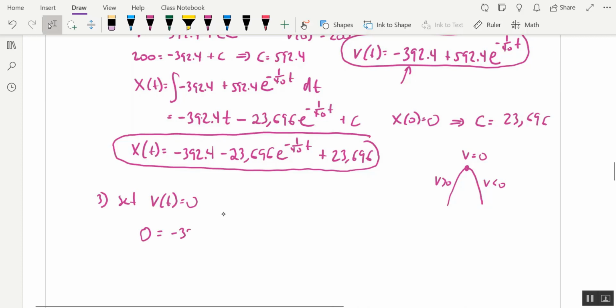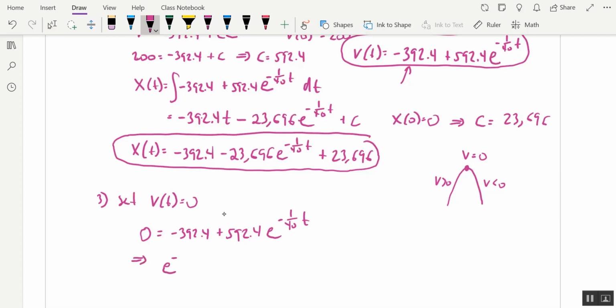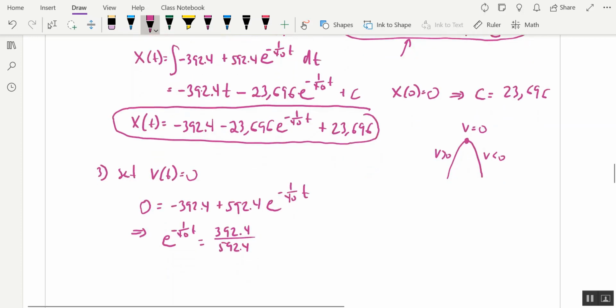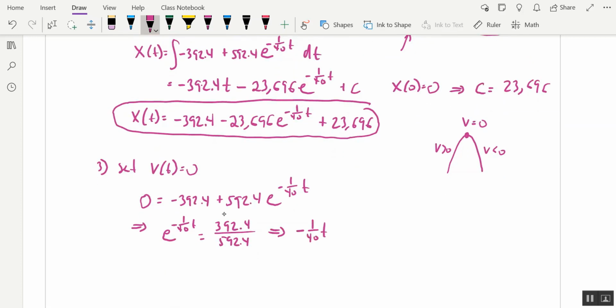0 is negative 392.4 plus 592.4 e^(-t/40). So that gives me e^(-t/40) is 392.4 over 592.4. Take the natural log of both sides, negative t/40 is ln of 392.4 over 592.4.